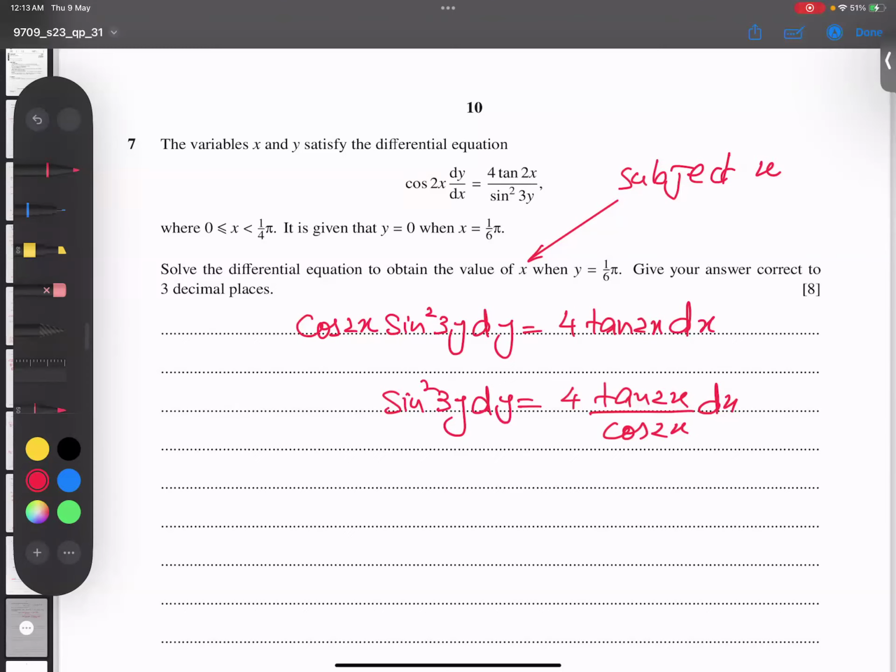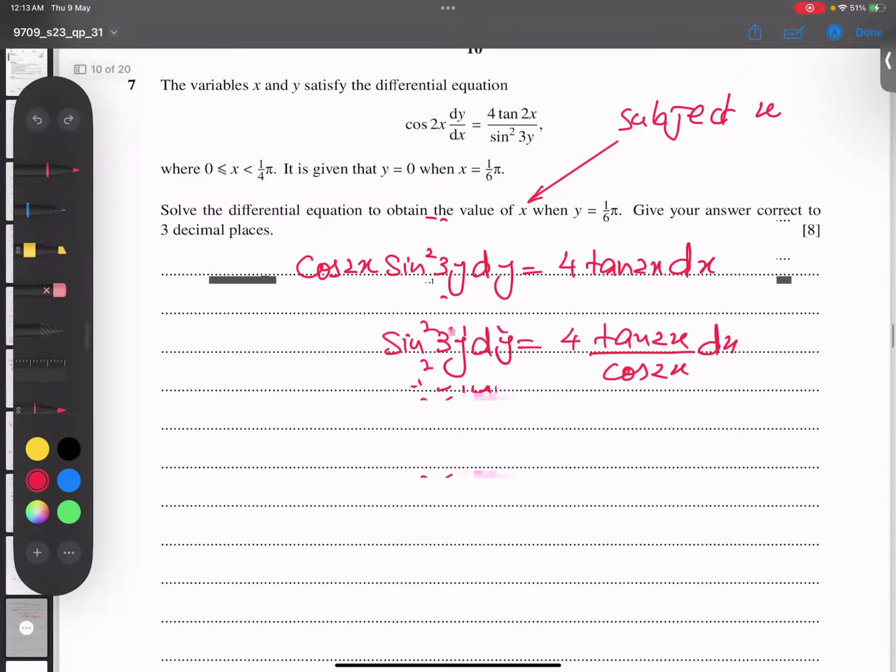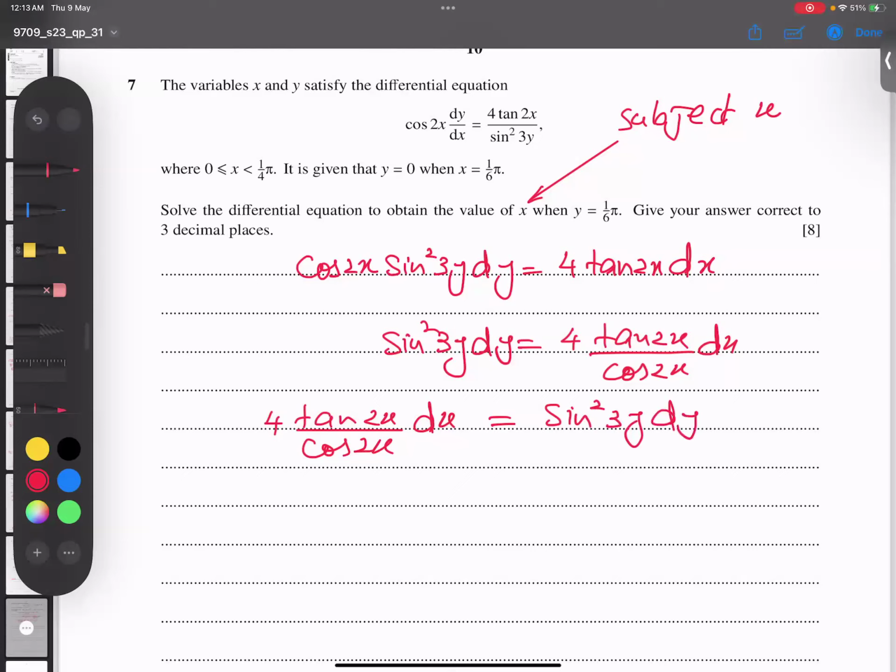I will change the sides: this becomes left, this becomes right. Now, students, this 4 is extra. I can bring it to the left hand side, and even if I leave it here, no problem, but I reduce my burden of variables on the subject side.